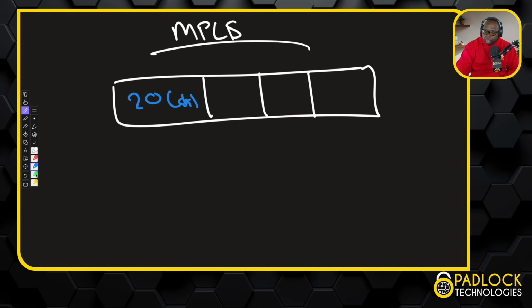The next 3 is what they call the EXP, right? This is QoS functionality, okay? So when you want to do QoS in a service provider network, these are the bits you're playing with. Now, the next one is the bottom of the stack label, okay? Now, this is either going to be a 0 or a 1.